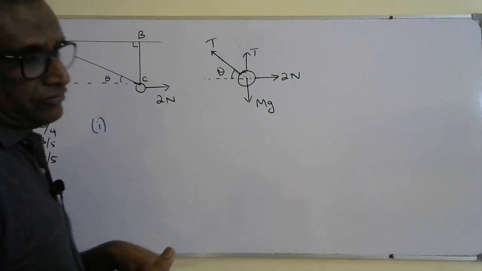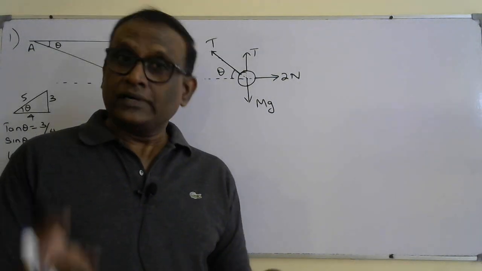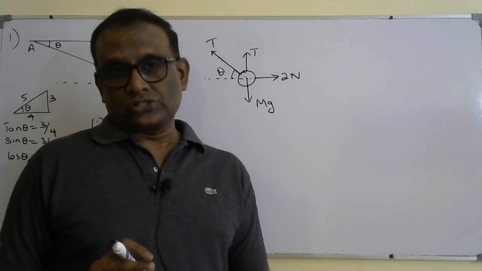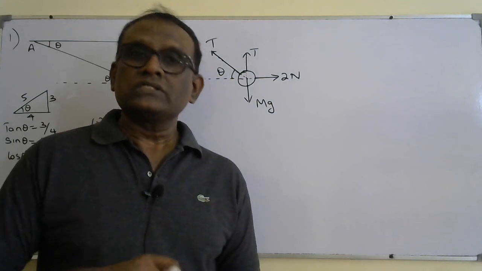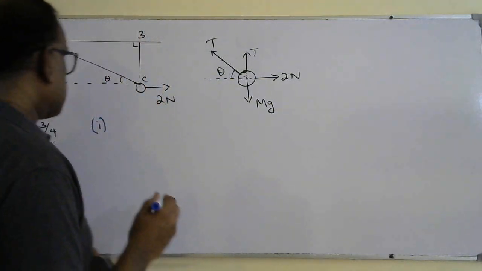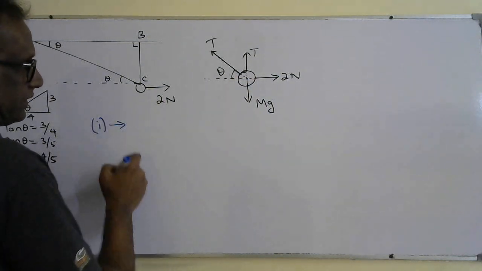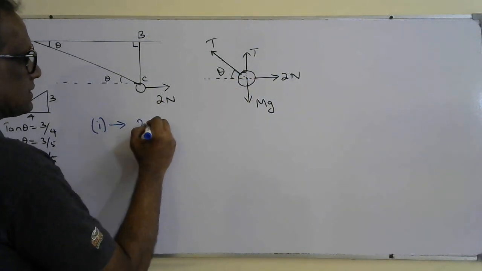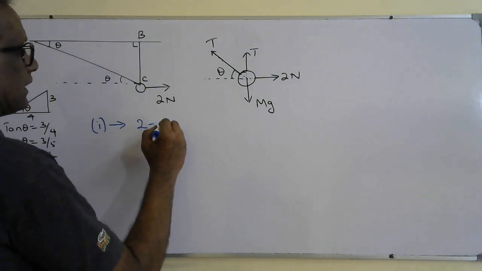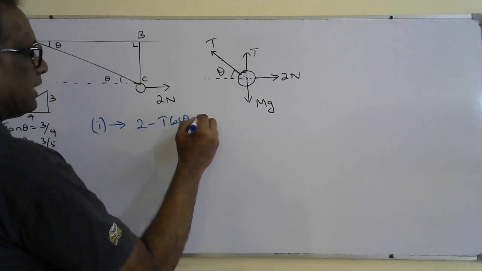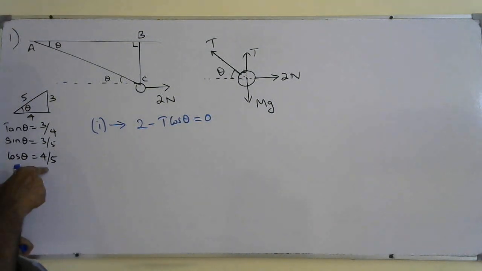Physics says if you resolve in any direction, it must be equal to 0. But we have to use the technique also. We have to minimize the unknowns in our equation. So I resolve it horizontally. Towards right, 2 minus T cos theta equal to 0. But cos theta we know is 4 by 5.